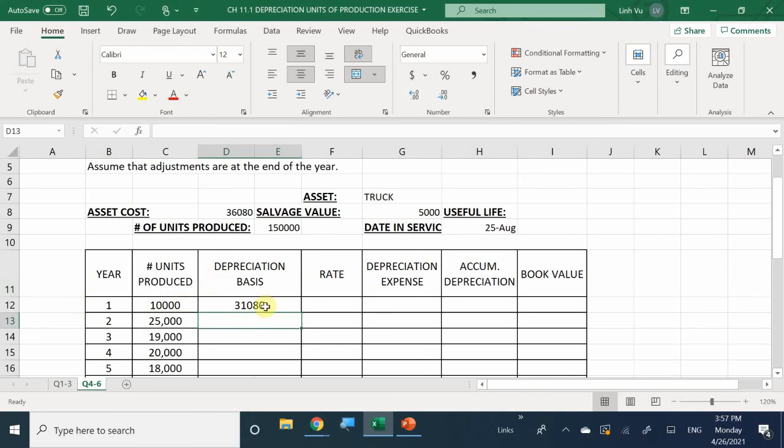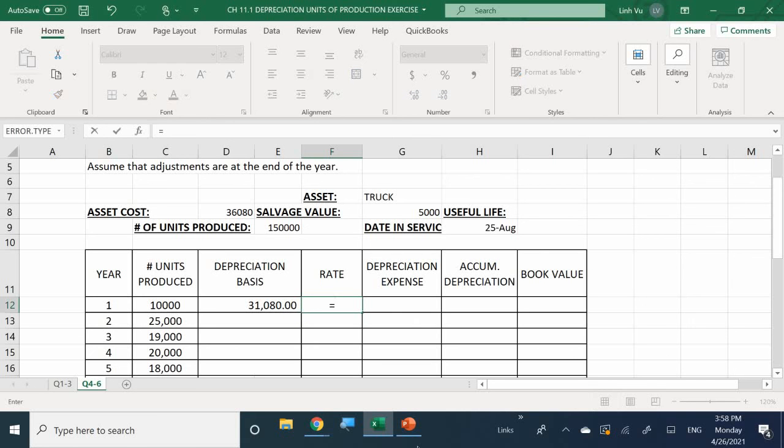Yes. Good. So if we take the $36,080 and minus $5,000 out of it, it should be 31,080 left. Okay, what's going to be my per unit rate?